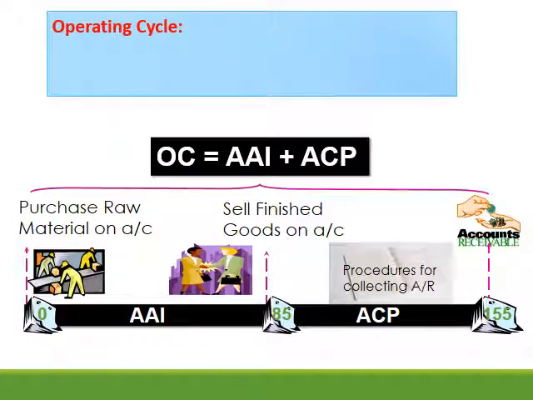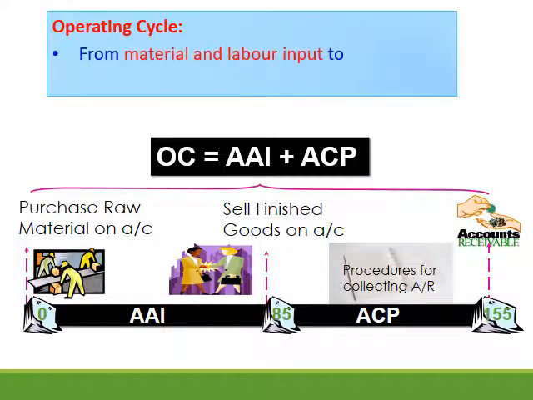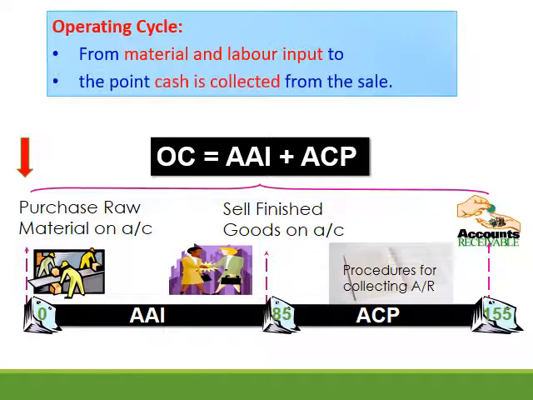The operating cycle is defined as the amount of time that elapses from the point at which the firm inputs material and labor into the production process, indicated by this red arrow here, to the point at which the cash is collected from the sales of the finished products that contain those production inputs, all the way to the end of the red arrow.